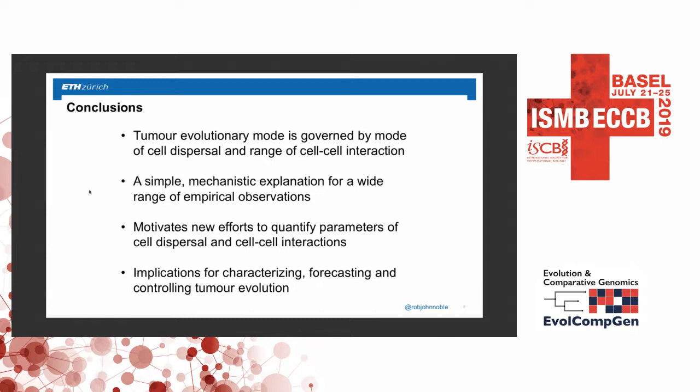This provides a simple mechanistic explanation based on something we can actually see, something that pathologists are aware of, rather than trying to invoke other mechanisms that are less well characterized. I think this motivates us to look more carefully at the parameters of cell dispersal and how these cells are interacting with one another. And it has obvious implications for how we go about forecasting tumor evolution and controlling it.